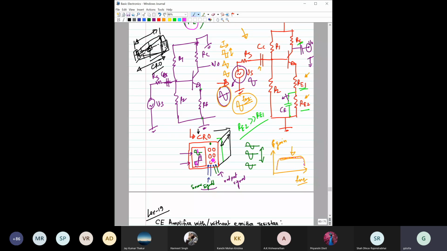But in the experiment video I will share with you, you will be able to see that this is the input signal and this is the output signal. When you change the frequency, initially the gain is like this, right? If you make the frequency very high, the signal will become something like this.